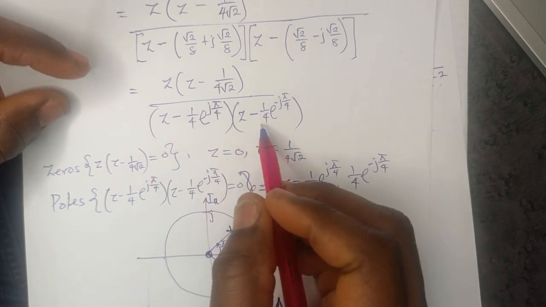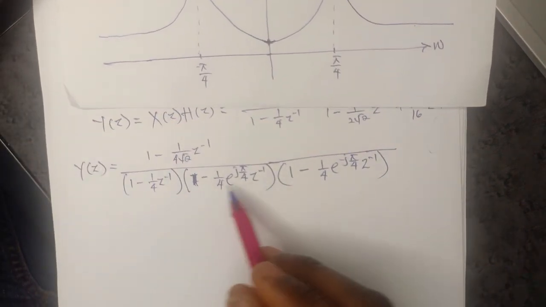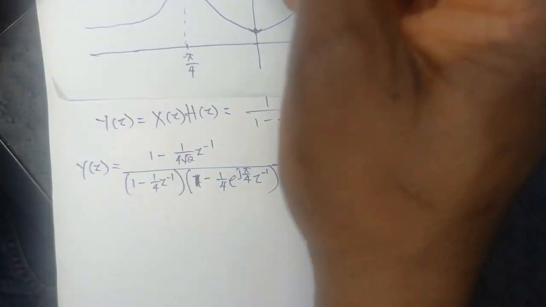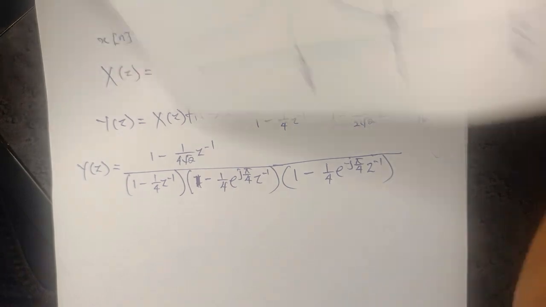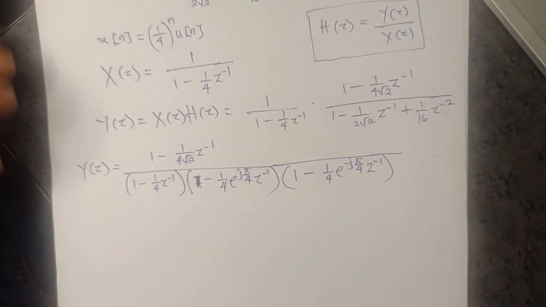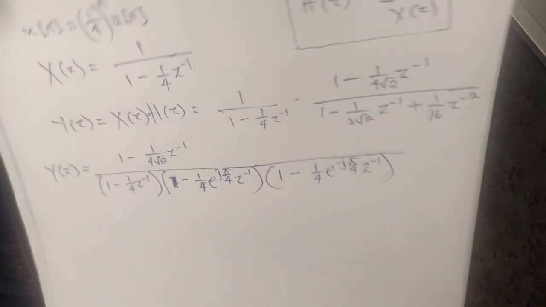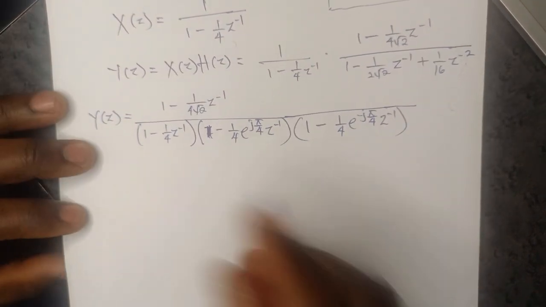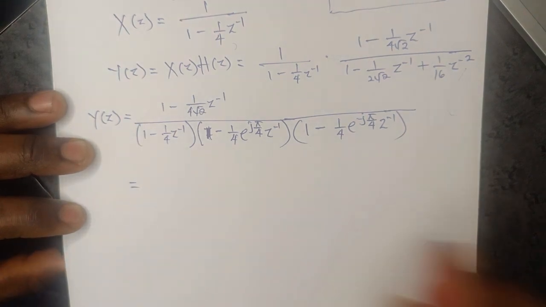So we can represent this expression in this format, just for us to multiply by z raised to power minus 1, and this is going to be converted to this format. So when we have it in this format, what we just need to do at this point is to use partial fraction to express everything.